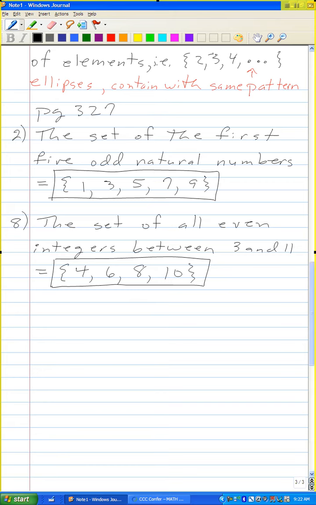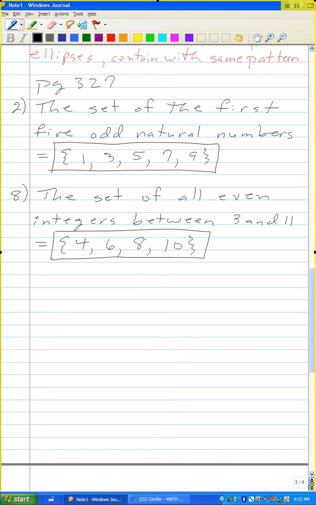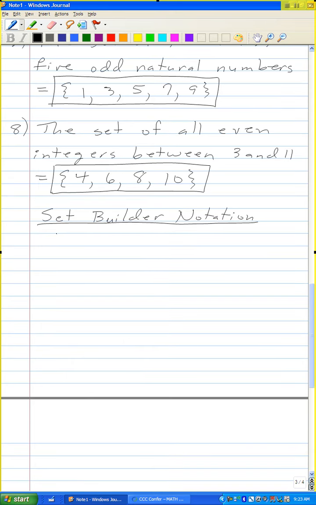Okay, so now let me do problem number 10, but first let me tell you the set builder notation. So another way to write a set is in set builder notation. In set builder notation, you usually have the variable and then either a line or a colon and then some sort of statement involving your letter, your variable, describing your set.